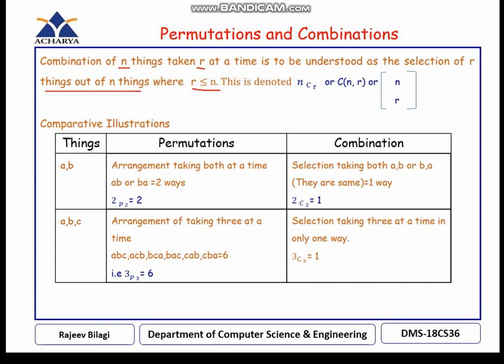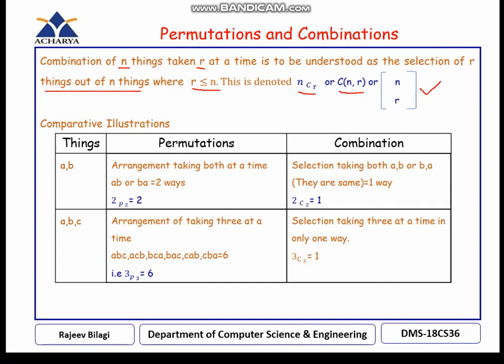Okay, the notation for this is nCr or C of n, r, or in the bracket n and r. Now we will see two different examples of how you are going to arrange based on permutation and combinations.